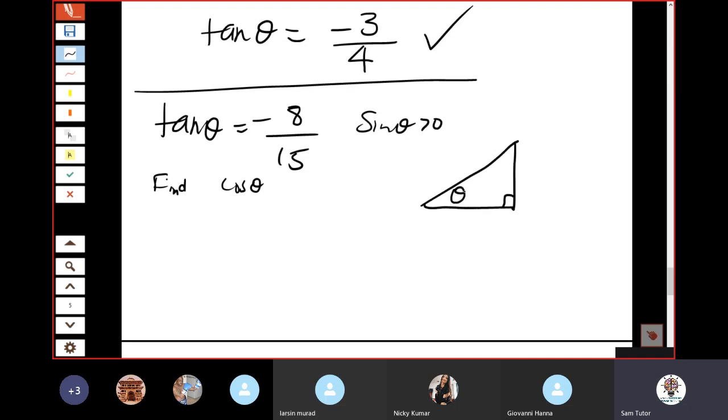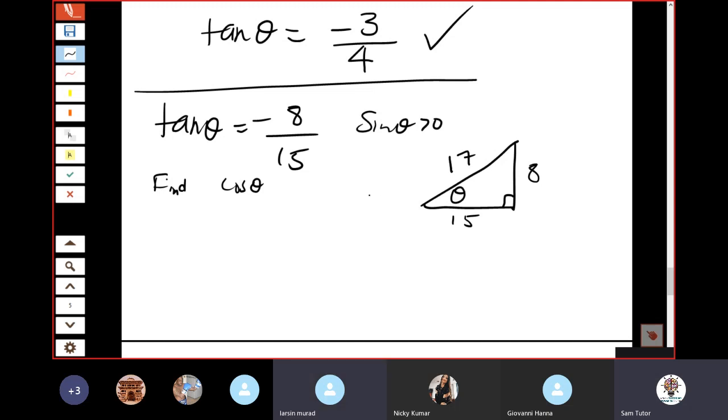It's theta. You can't put the negative in. That just tells you where it's at. So opposite over adjacent, 8 over 15. You've got to work out the hypotenuse, which turns out to become 17. Does that make sense to you, Larson, so far? Yeah.